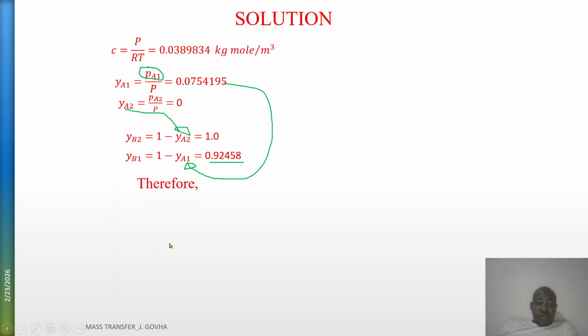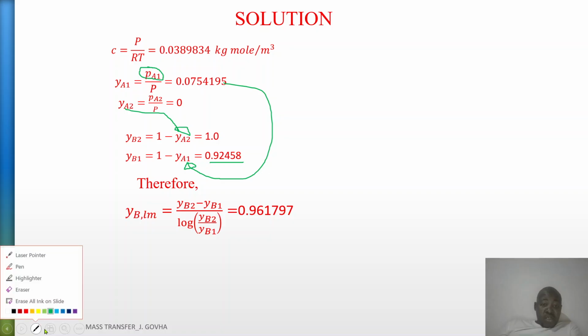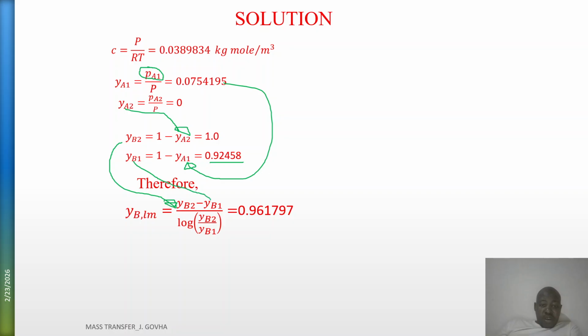Therefore, we can now calculate our log mean, since we have already calculated those values. So the values that we are making use of are for our YB2, we make use of that, and for our YB1, we make use of that value.